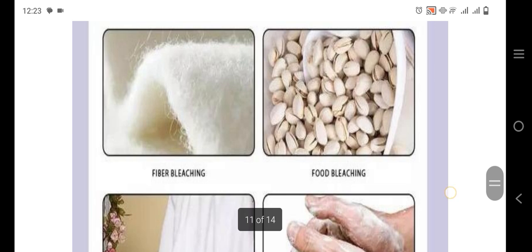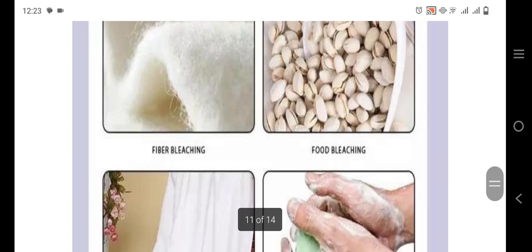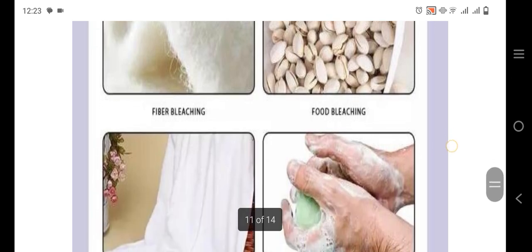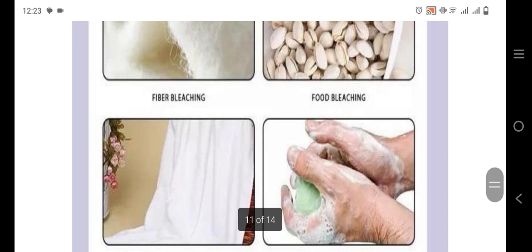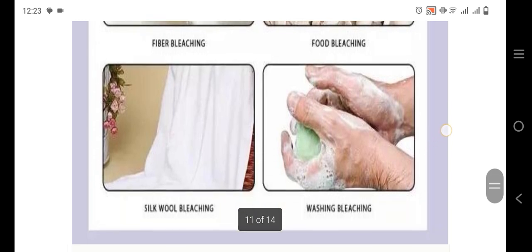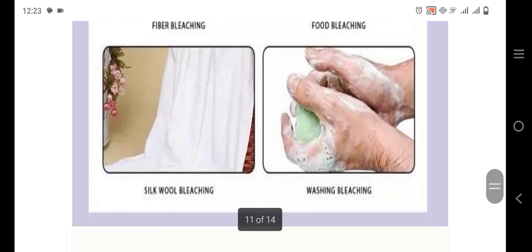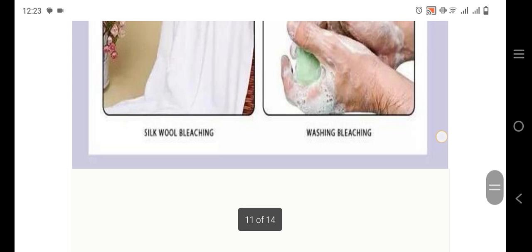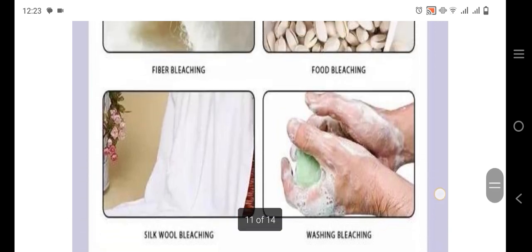In food bleaching, sodium hydrosulfite is also used for the preservation of food, as I had already discussed above, and it is also used in silk and wool bleaching and in watch bleaching, etc. In all these sectors and industries, sodium hydrosulfite is used as a reducing agent and for providing whitening.